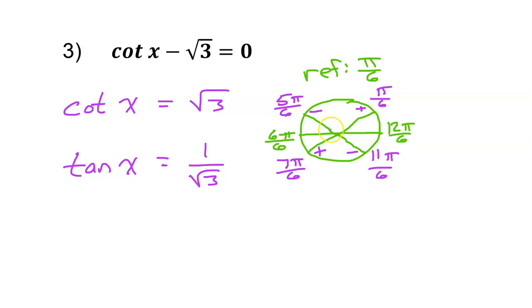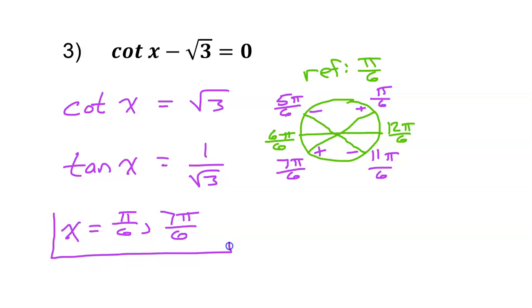Tangent is negative in these 2 quadrants. Since we want tangent of x to equal positive 1 over radical 3, the solutions are pi over 6 and 7 pi over 6. So these are the 2 solutions for problem number 3.